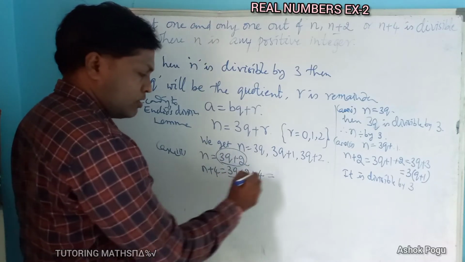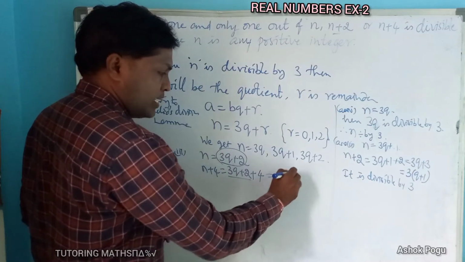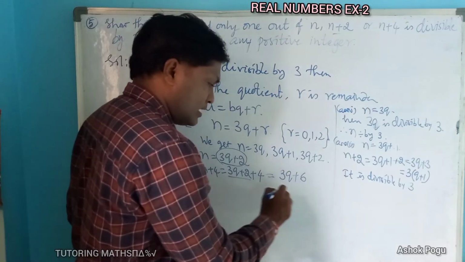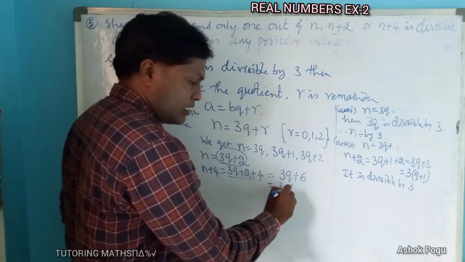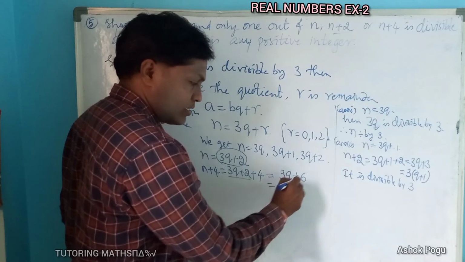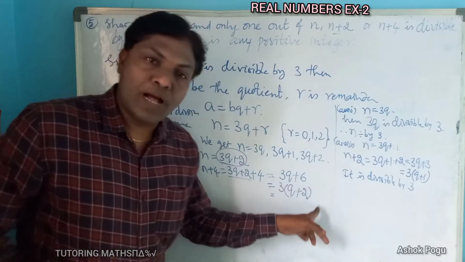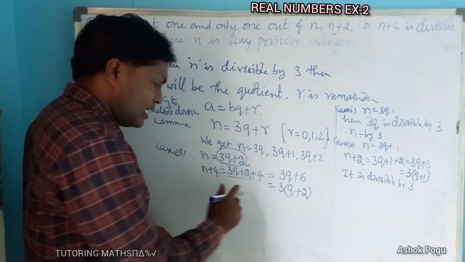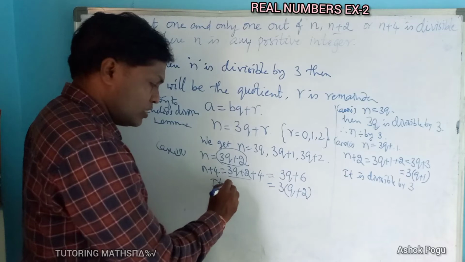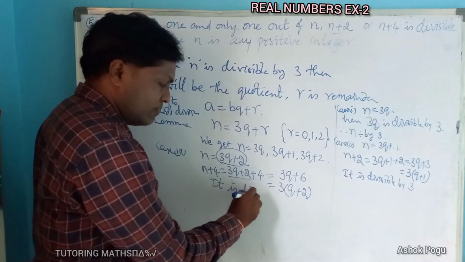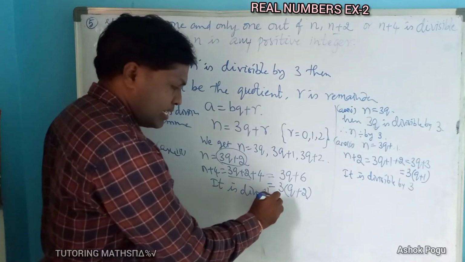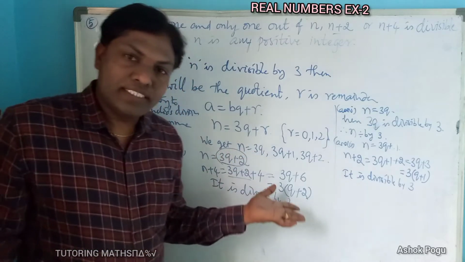Now 3q plus 2 plus 4 is 3q plus 6. Now 3 is a common factor. You can write it as 3 into something, which means this is also divisible by 3. Hence it is proved.